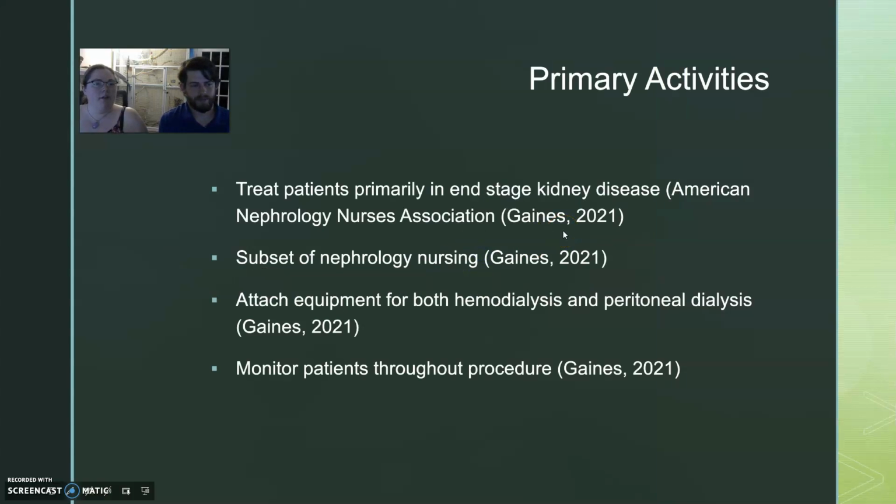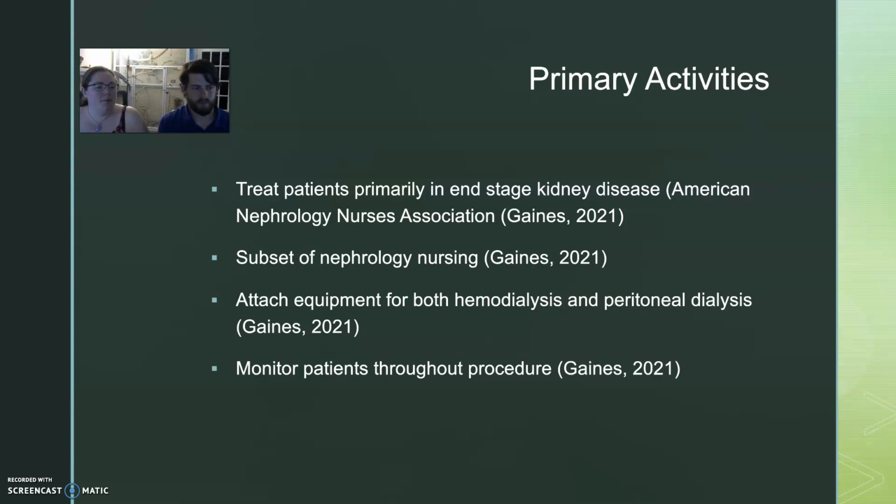The primary activities of a dialysis nurse: usually they see patients primarily in end stage of kidney disease, which is also called stage 5 renal disease. It's a subset of nephrology nursing, so sometimes they do see patients in other stages of kidney disease, and sometimes they just see patients in an acute setting.